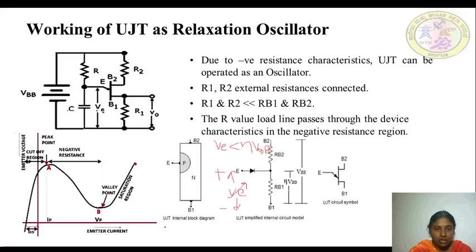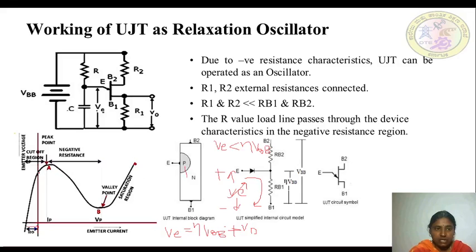Now, if you go on increasing the emitter voltage such that VE is equal to eta into VBB plus VD, IE becomes positive. So IE is the emitter current which becomes positive and this is the direction of the IE which will be flowing, and the junction between E and B1 will break down and it starts to conduct.